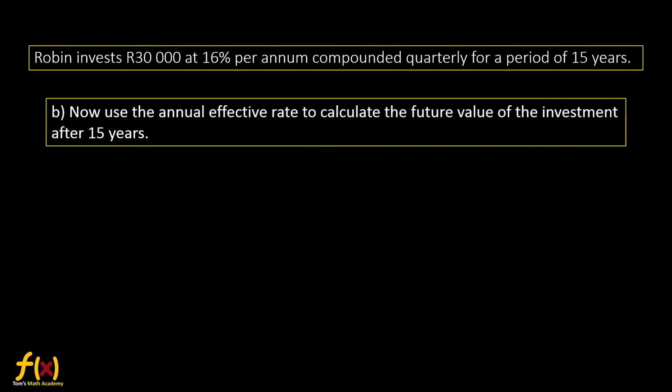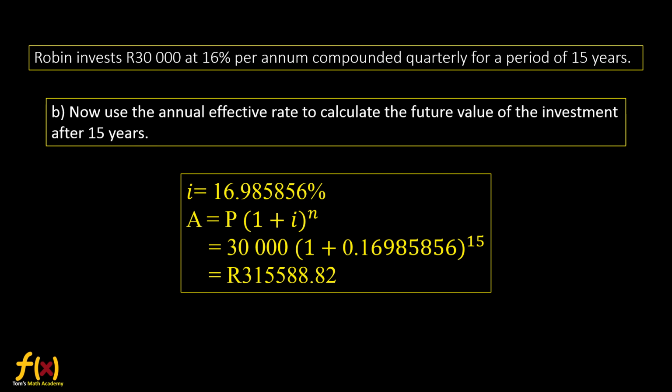Same question, part B. Use the annual effective rate we got in question A. Calculate the future value after 15 years. So we use the formula for compound interest, A equals P times 1 plus i to the power n.